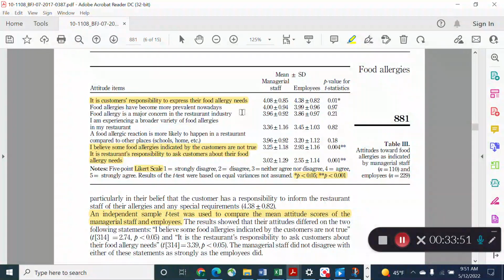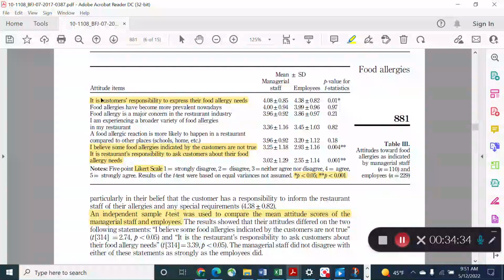And then a directional hypothesis for this, and I'll just go by what the findings were: employees had a higher attitude toward customers expressing their food allergies, or strongly agreed about that, compared to managerial staff. So for each of these, we could change that into a null, a non-directional, and a directional hypothesis.